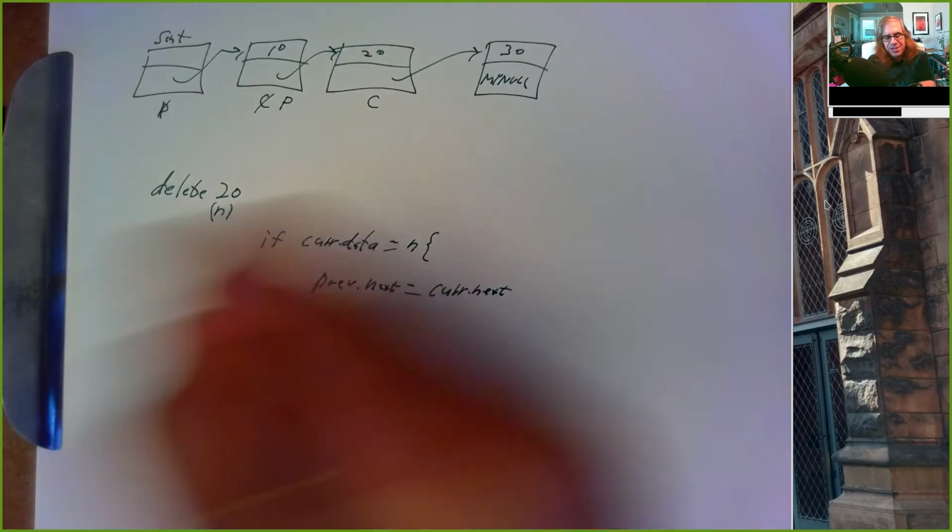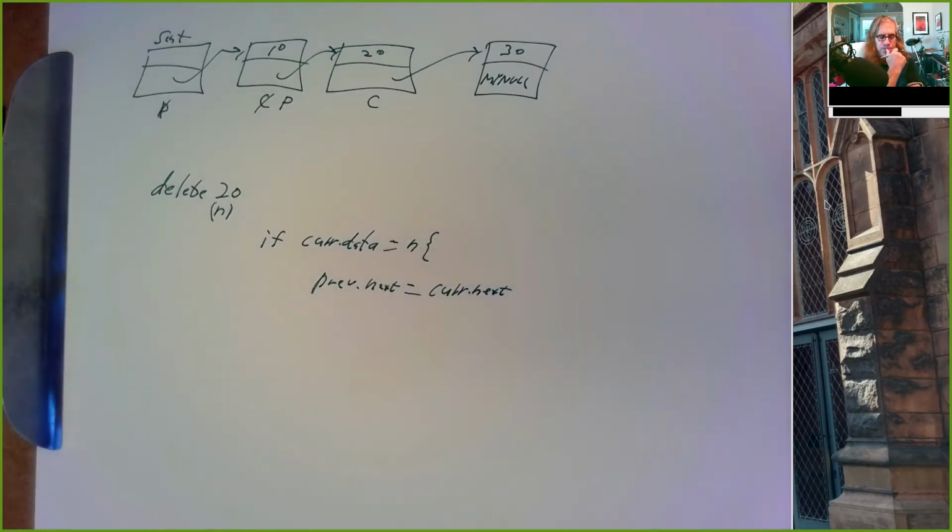Just set previous next equal to current next. All right. And then we need to change the valid to 0.